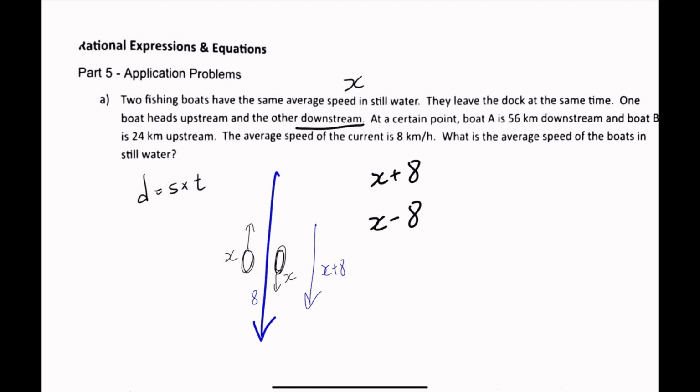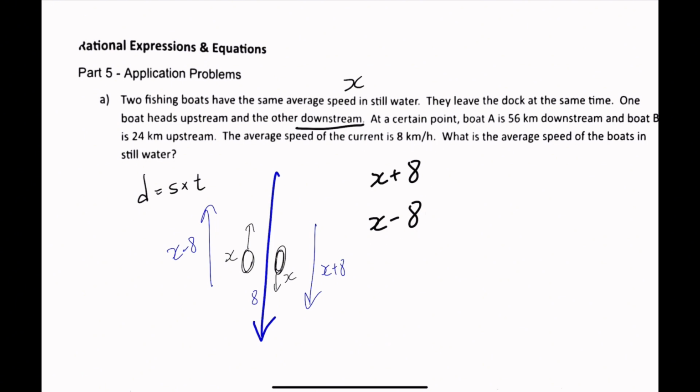So if you try to go this way at the speed of x, but the current's pushing back at you with the speed of 8, then your total speed is going to be forward, but still x minus 8, right? And so that's why you have these two speeds, x plus 8 and x minus 8.